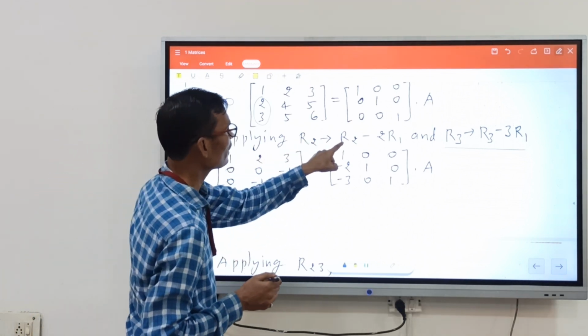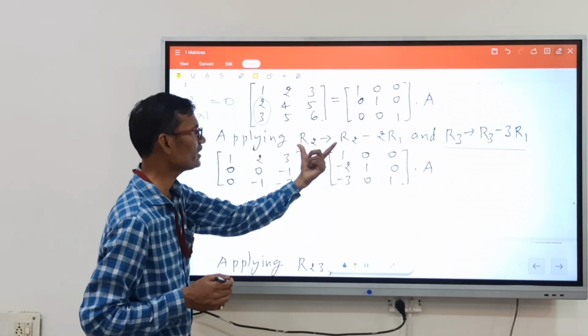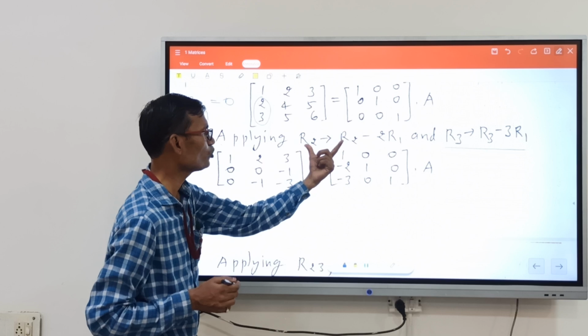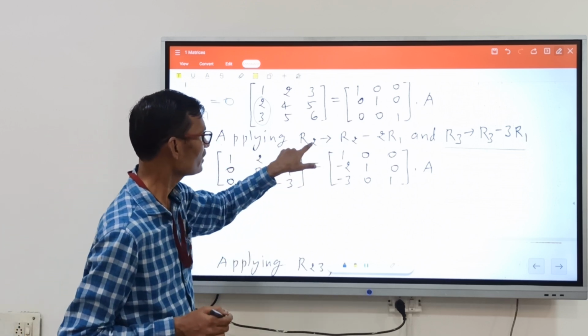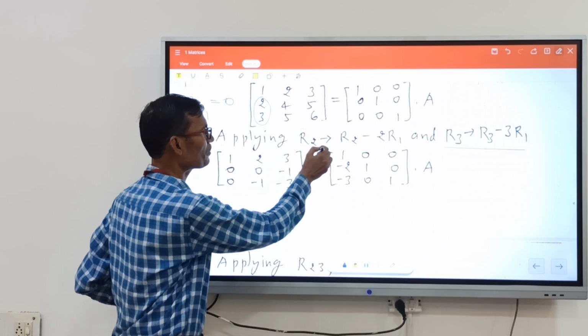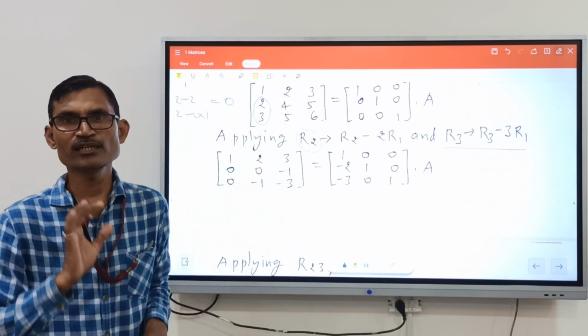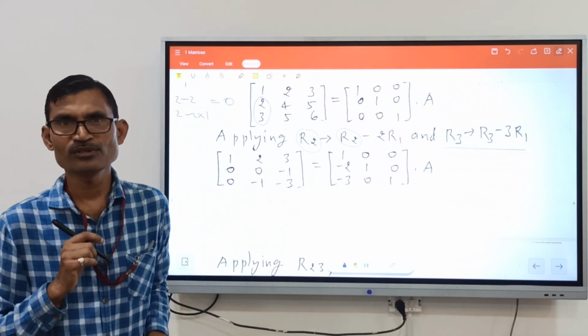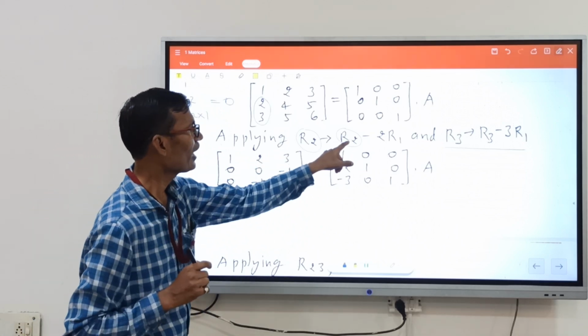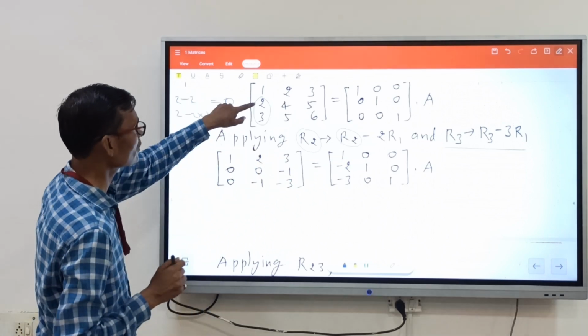It says R2 minus 2R1. You can see R2 is written in 2 places. This R2 represents the new second row and this R2 represents the old second row. So what we will do is R2 minus 2R1.